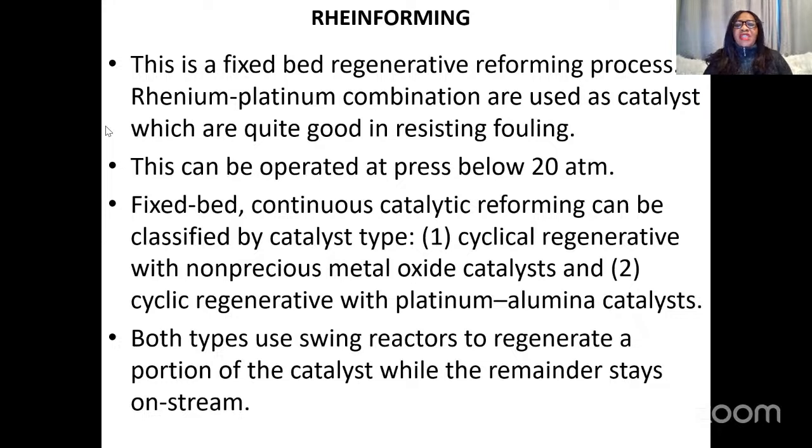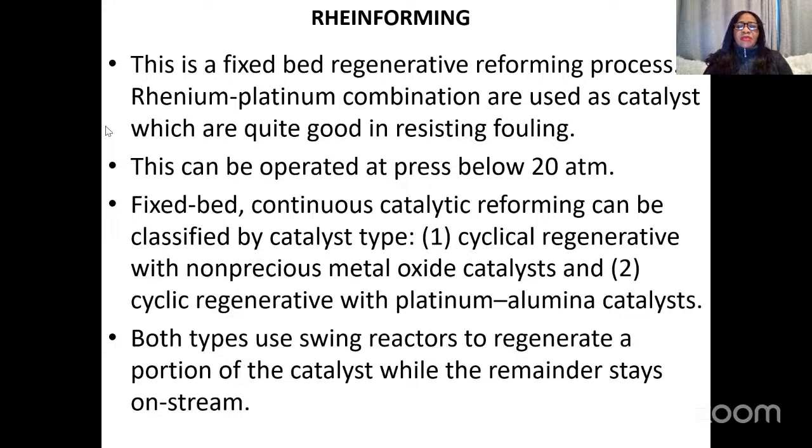It uses a fixed bed regenerative reforming method. And in this case, of course, we're using a catalyst. We're using a rhenium and platinum combination as catalyst. This also helps to give good fouling resistance and removes the odor. And it can be operated at a pressure below 20 atmospheres.